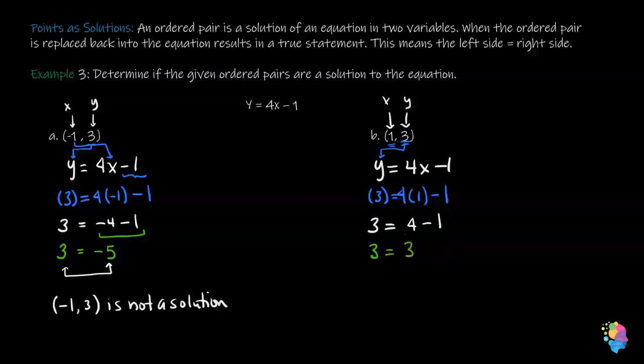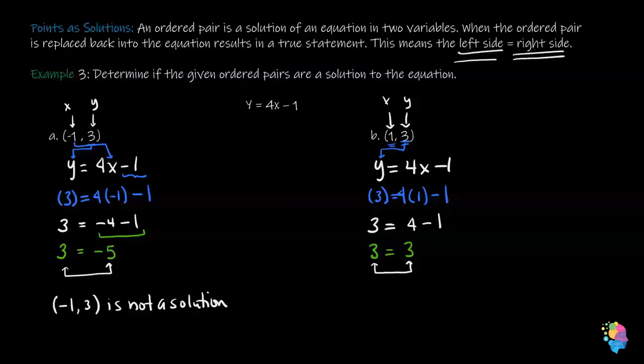So I check again. There is nothing for me to simplify on the left side, and nothing to simplify on the right side. So all I have to do is check, is this a true statement? And it is, because 3 does equal 3. The left side is equal to the right side.